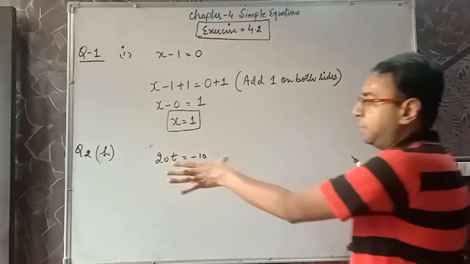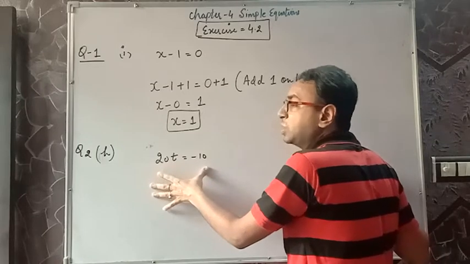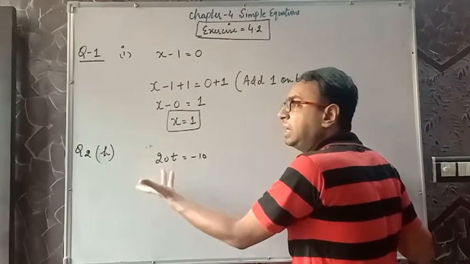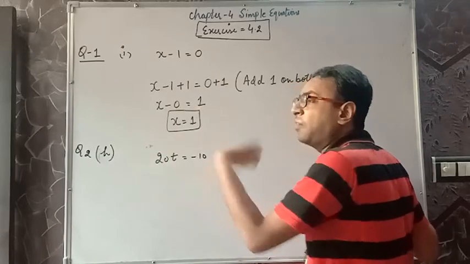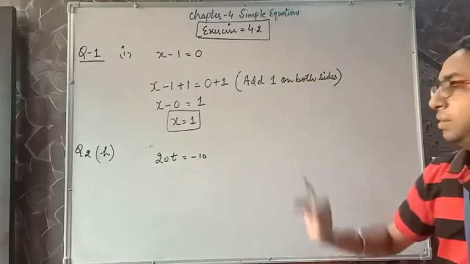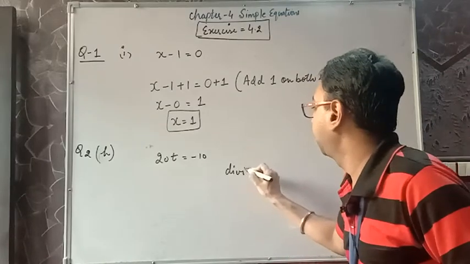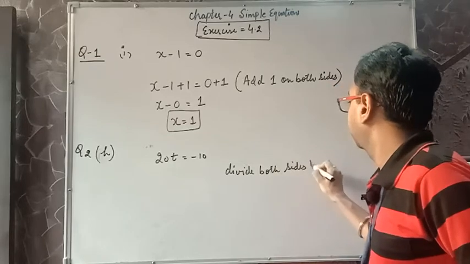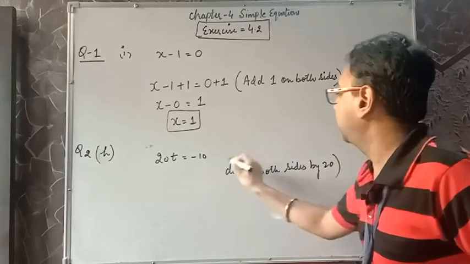Now again, we have to separate the variable. What shall we do? 20 is getting multiplied with t. If we have to remove the 20, what will we do? We will divide both sides by 20. See the benefit of this.